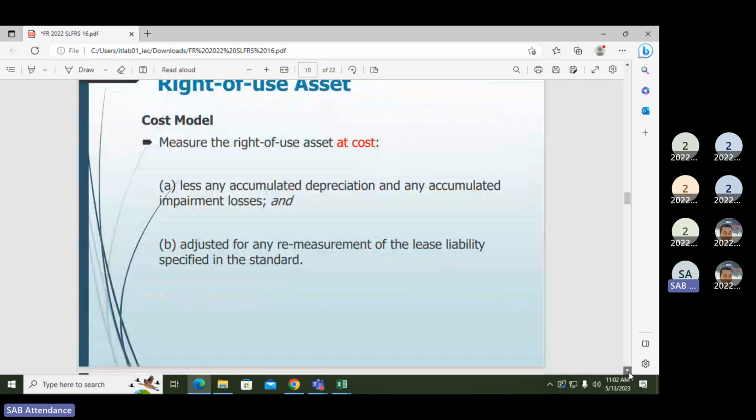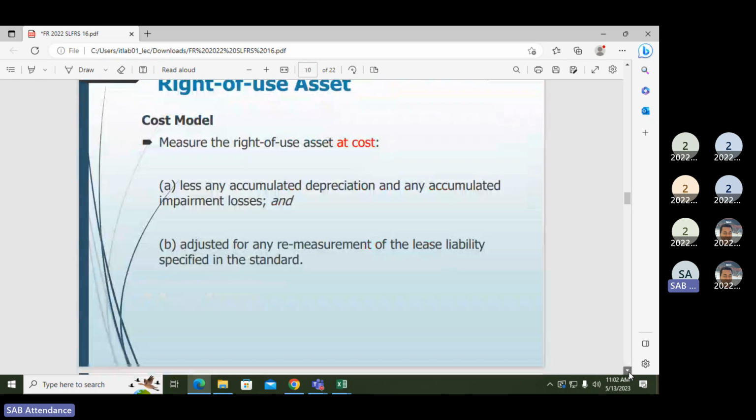Substantially all risk and reward incidental to the ownership transfer. So only the legal ownership is with the lessor, but effectively in reality, the lessee becomes the owner. Risk and reward transfer means, when you make a sale of goods, we identify the sale when the risk and reward transfer to the other party. So in an asset, risk and reward transfer means in reality it is like a sale.